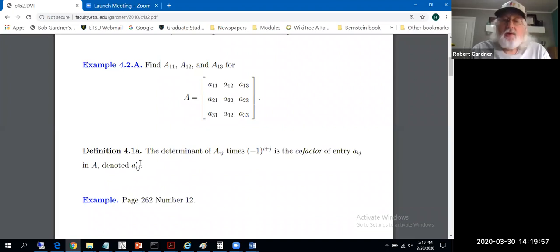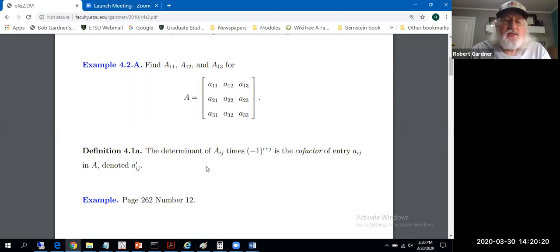So we're taking determinants of the minor matrices, which are good to go if they're size 2 by 2 or 3 by 3. And then we're multiplying those by a power of -1. Well, a power of -1 is either +1 or -1. It depends on whether the exponent, the i plus j, is even or odd.